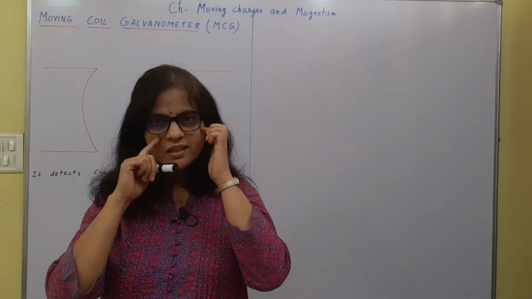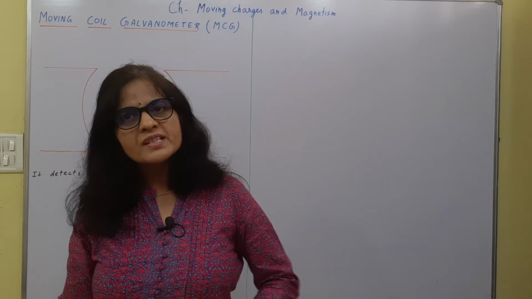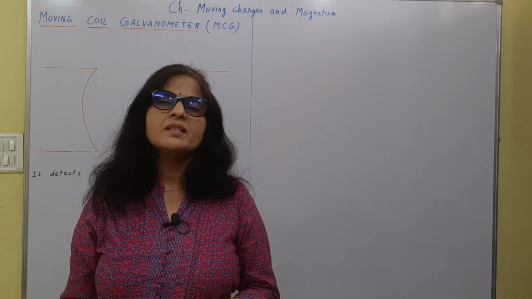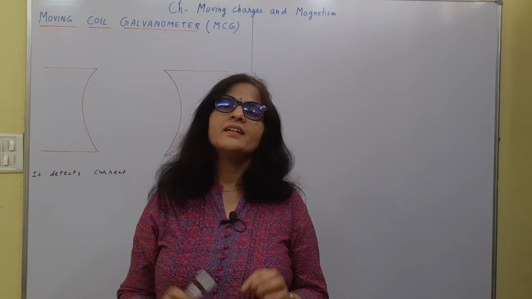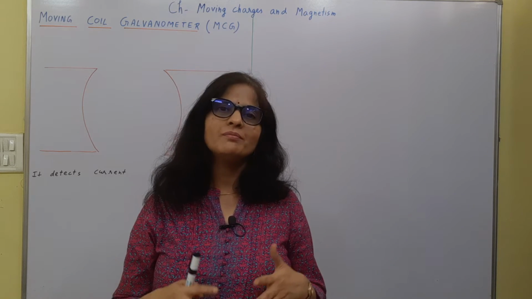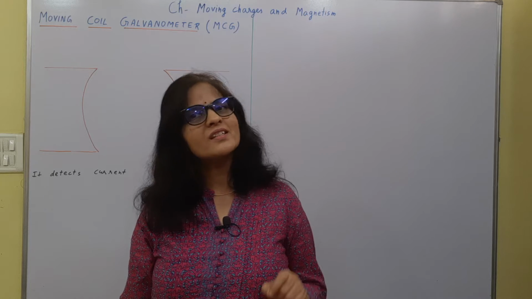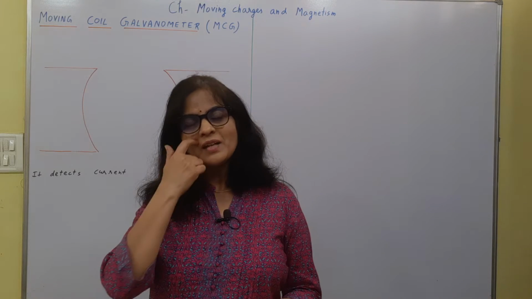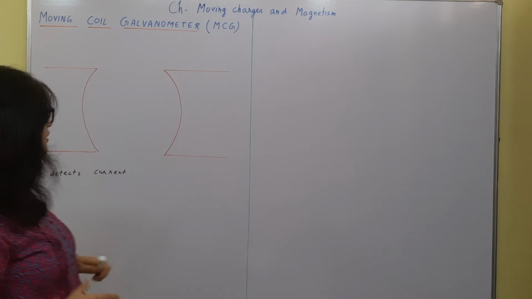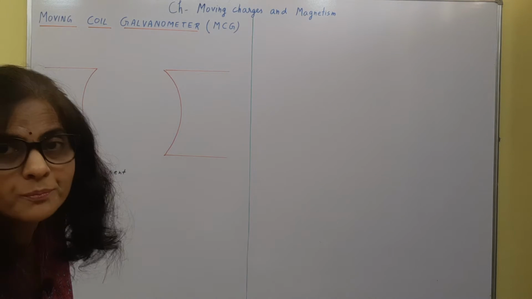Now the construction is based on the principle of moving coil galvanometer. What does this principle say? It says that a current carrying coil, when placed in uniform external magnetic field, experiences torque, right? And due to torque, it rotates. So the construction is based on this, but first I'll write the principle.